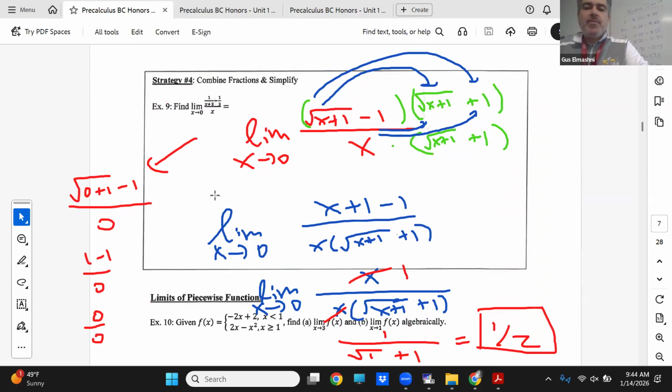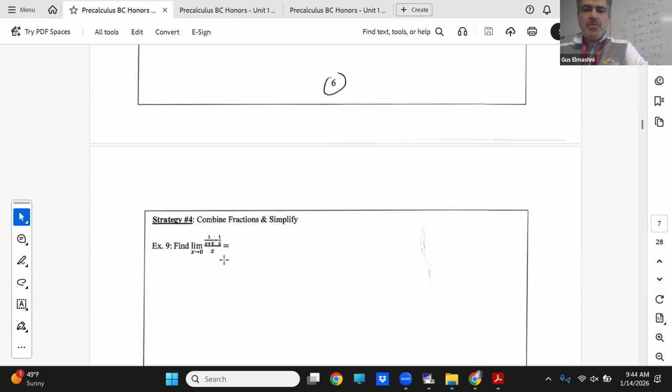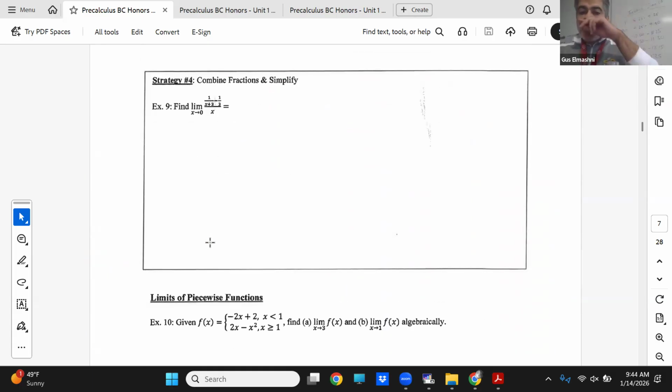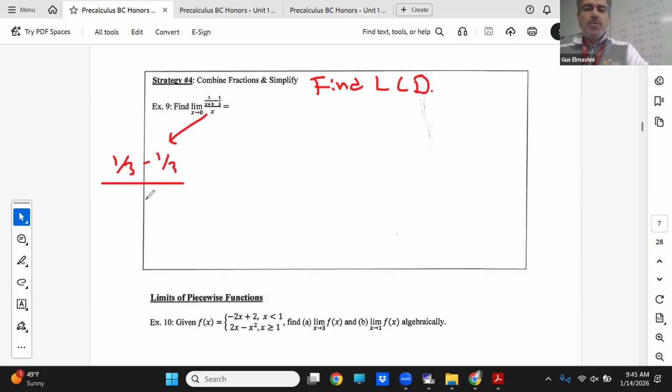All right. Let's try another one here. Okay, so we have fractions, so you should find the LCD. If I substitute, I get 1/3 minus 1/3 over 0, which is 0 over 0.